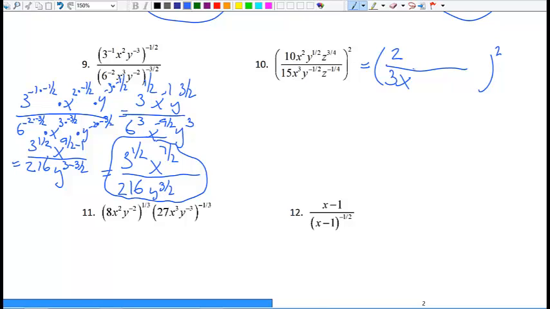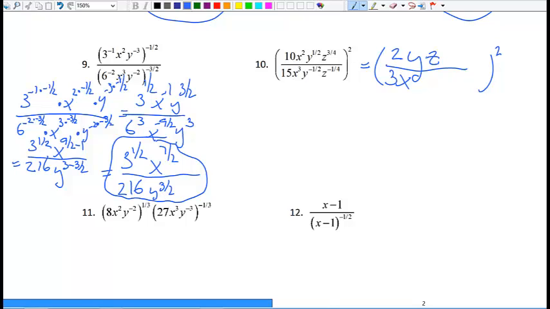And I see y to the 1 half in the numerator and y to the negative 1 half. And if I bring those up to the numerator, so they're both positive exponents, it's 1 half plus 1 half, which gives me y. And then the same logic with z. If I bring z up from the denominator, it being negative, I get 3/4 plus 1/4, which is just z to the first.